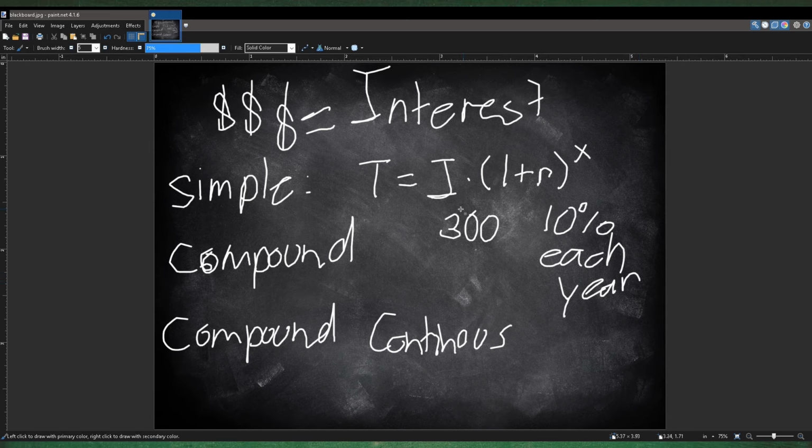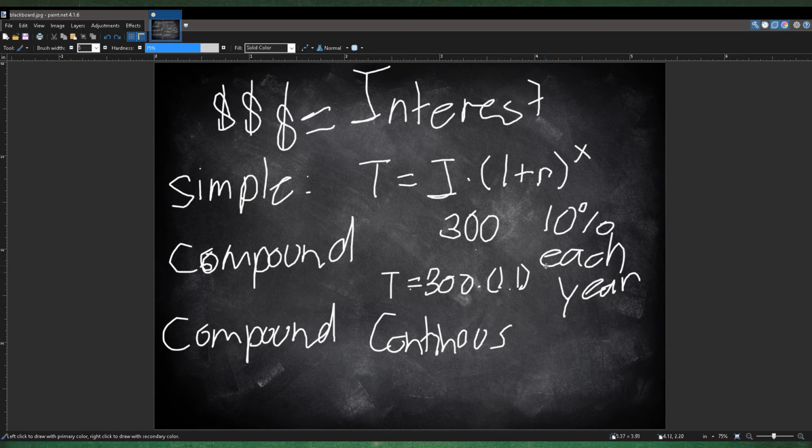The total is equal to 300 times 1 plus 10%, which is just 1.1, because you have to put this in decimal form, to the power of x. So in 1 year, it will be 300 times 1.1. In 2 years, it will be 300 times 1.1 raised to the power of 2. In 3 years, it will be 300 times 1.1 to the power of 3. That will be the total amount in 3 years.